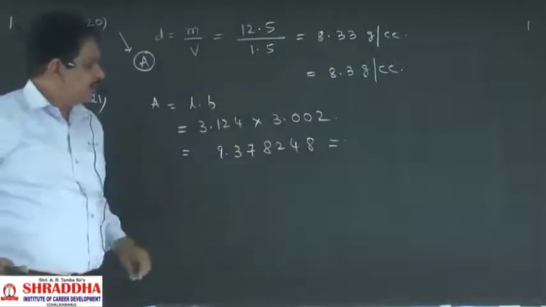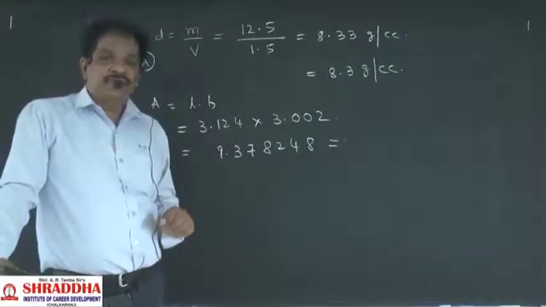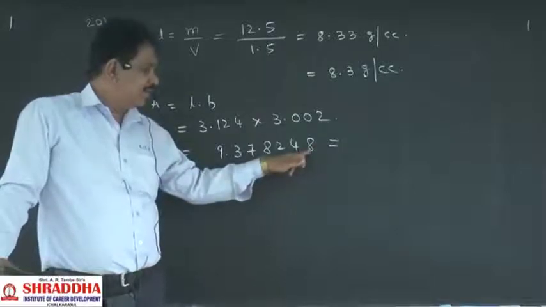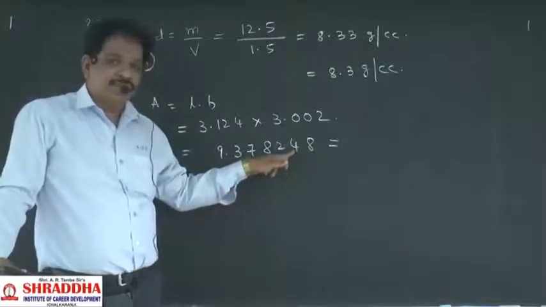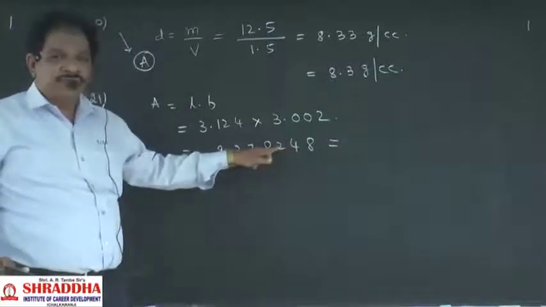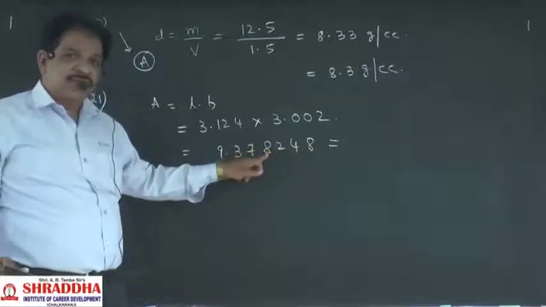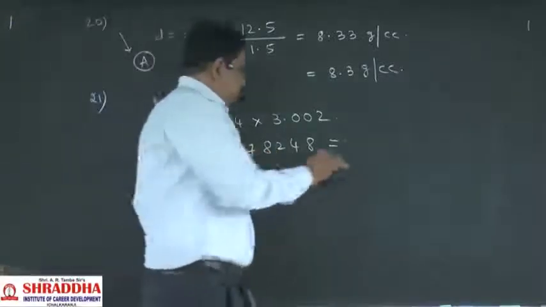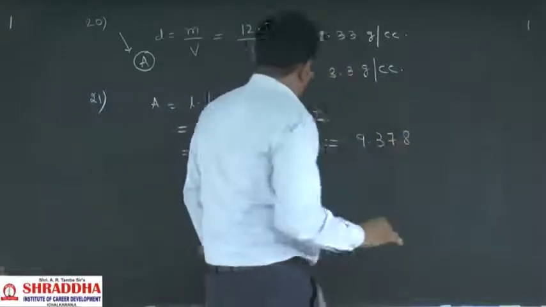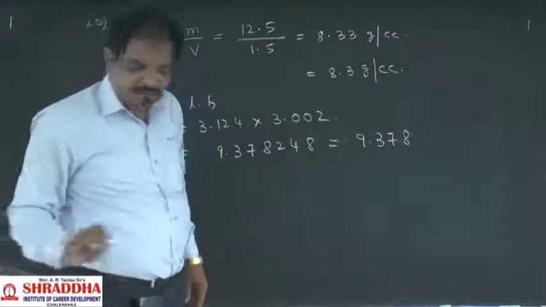But the final answer will also have four significant figures, you remember that. So discard this 8, this will become 5. Discard this 5, the 2 won't change because it is an even number. Discard this 2, the 8 will not change, so it becomes 9.378. Unit will be meter square.